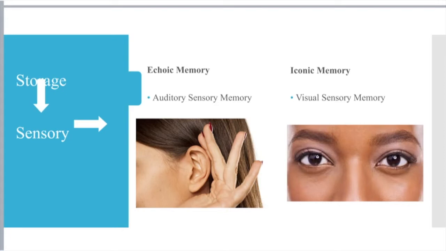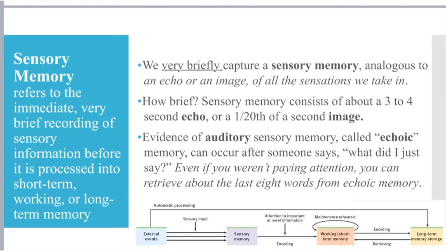Under the umbrella of storage, you have sensory memories, and those can be divided into echoic memories and iconic memories. These are pretty intuitive. Echoic memories are auditory sensory memories, and iconic memories are visual sensory memories. So what we hear and what we see.